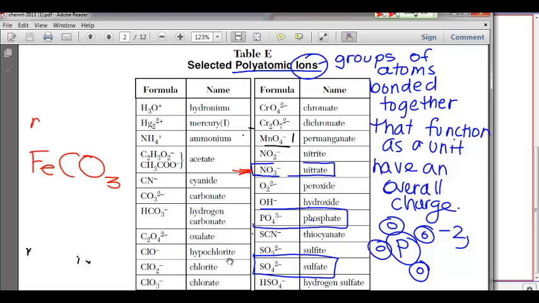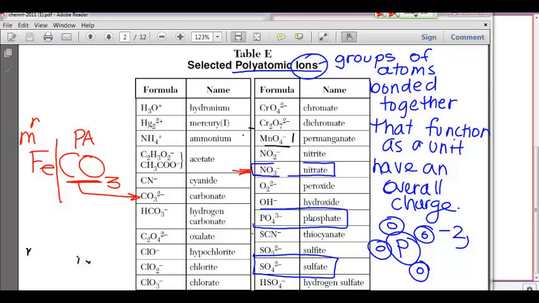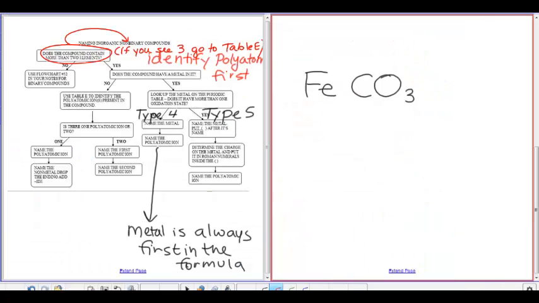And if you notice, in this compound is CO3, which happens to be right there on table E. So this is our polyatomic, and what's with it is Fe, which is to the left of the stairs. That's a metal. So we have a metal with our polyatomic here, okay?